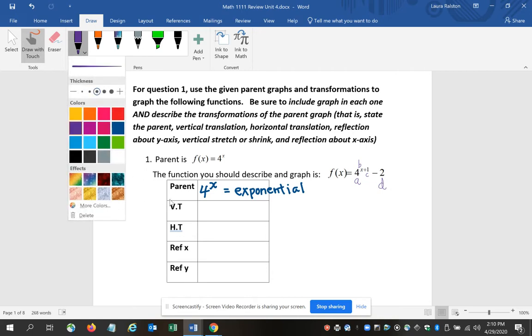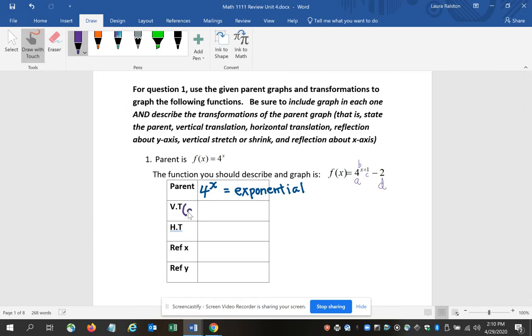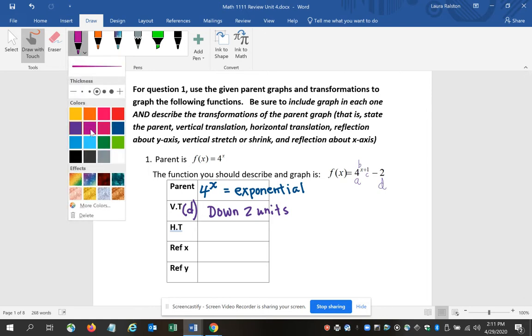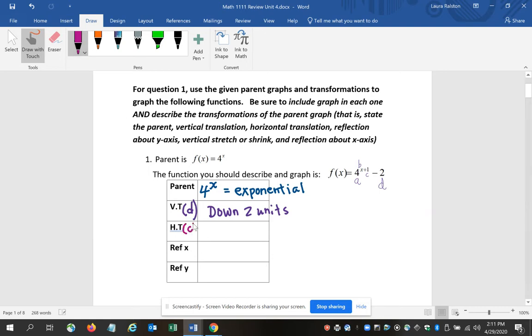So the vertical translation, if you'll recall from Unit 2, is determined by D. D in this case is minus 2, which tells me I need to go down 2 units. The horizontal translation is actually determined by C, but we want to be careful so that we don't make an error.